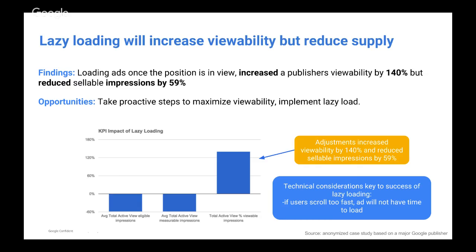So eligible and measurable impressions obviously decrease because there's not that many impressions that we show as the user goes through the page. Also, publishers with long form content, think about it. If your users are hardly ever scrolling down to the bottom of the page, and you have an ad unit there, then what's the point having that ad unit in there? So think about it and see where you should position those ads.